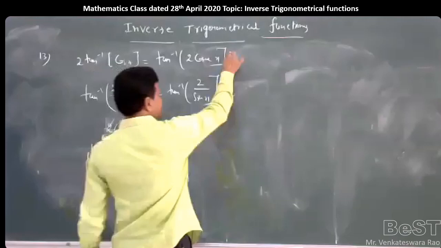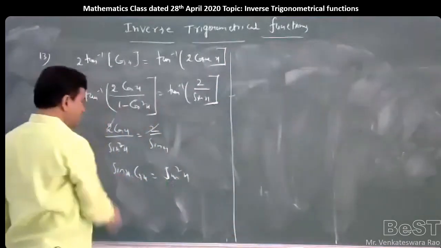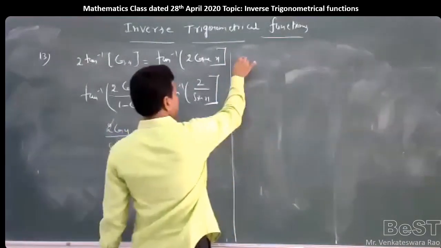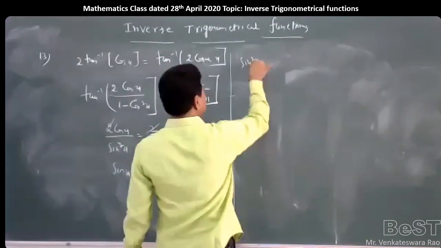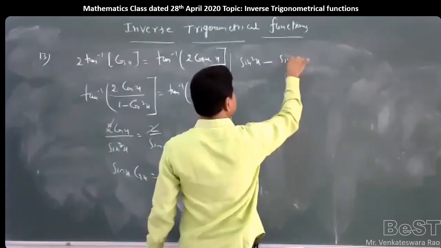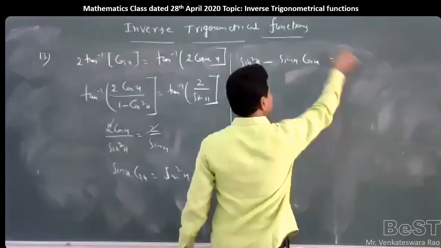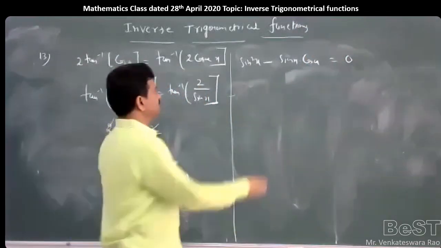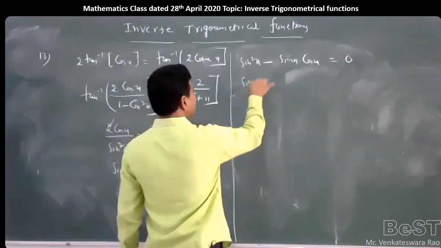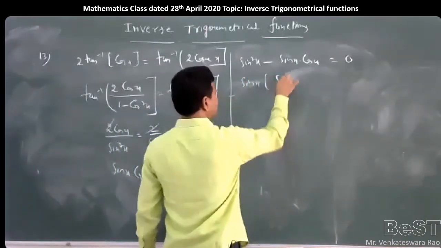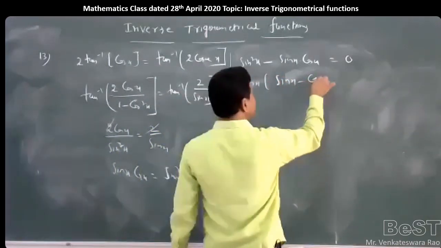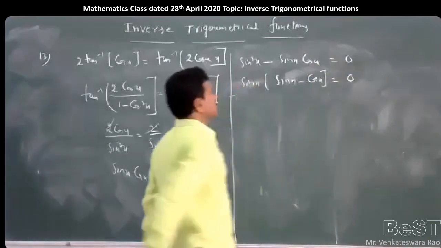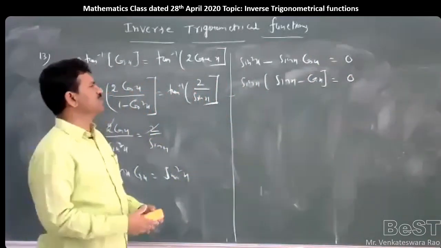So shifting the sin square x to left, this is sin square x minus sin x into cos x is equal to 0. We'll solve this equation. Taking sin x common, sin x into sin x minus cos x is equal to 0.